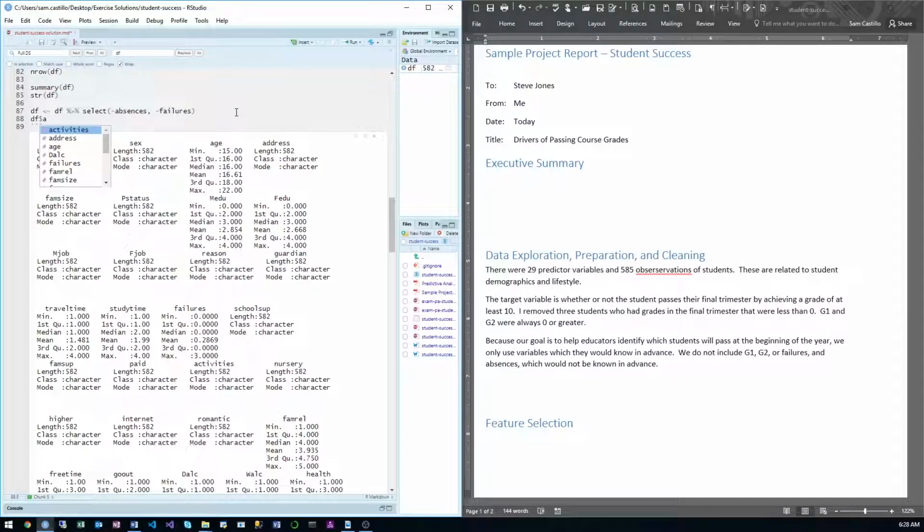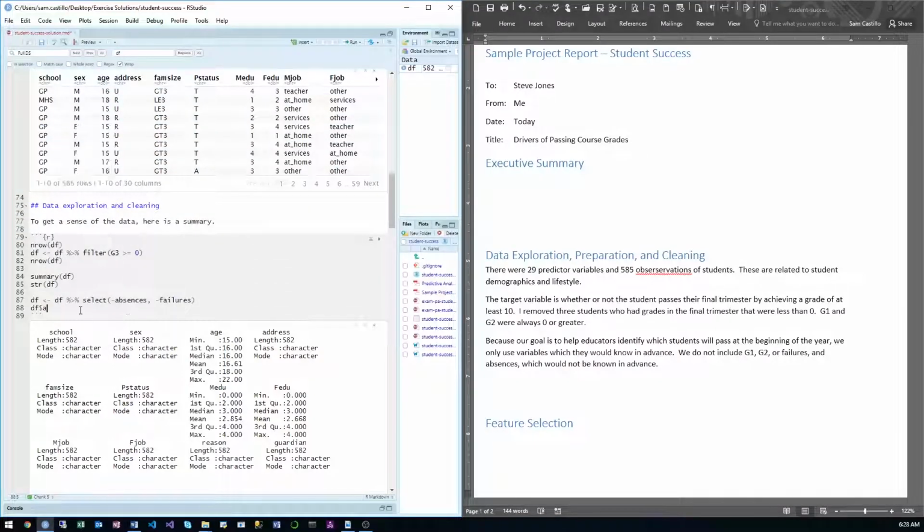They've already removed absences. So it seems.